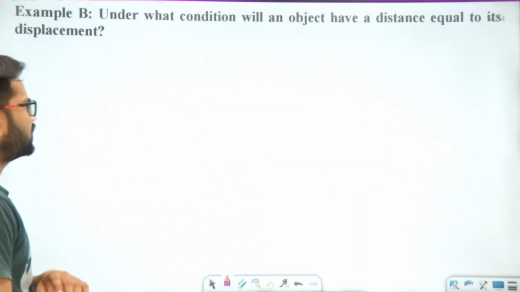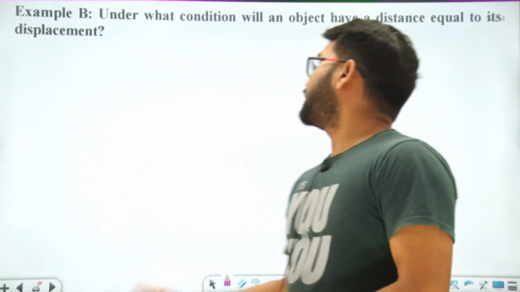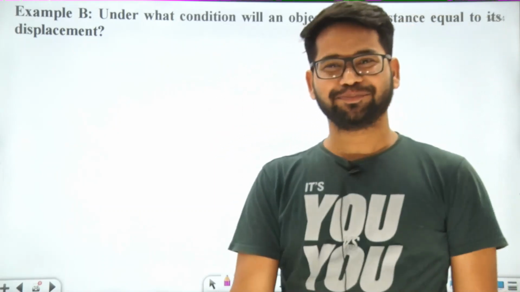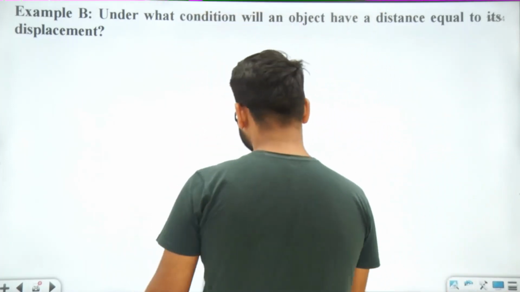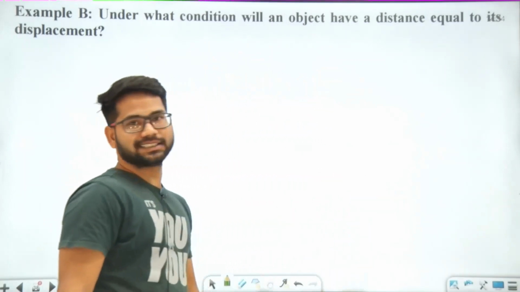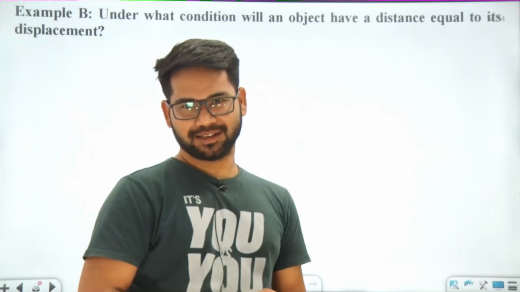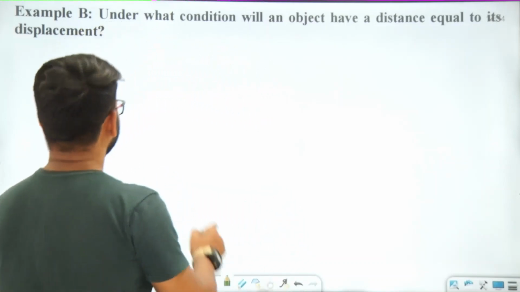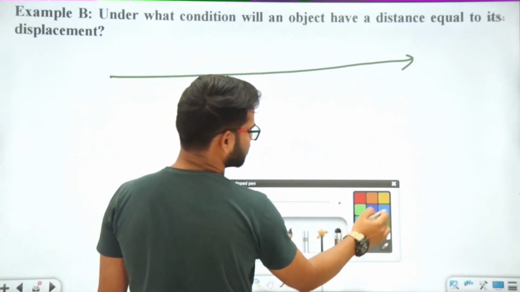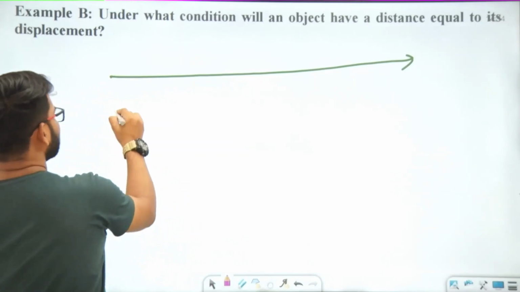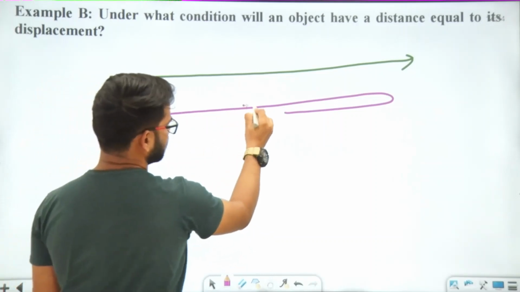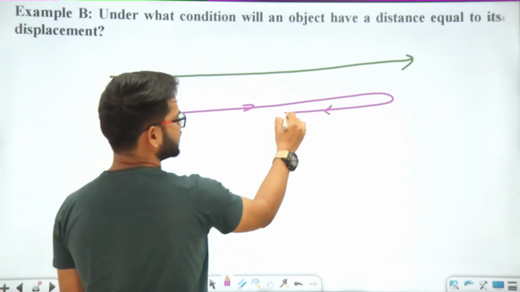Let's take another example. Under what condition will an object have a distance equal to its displacement? Now the brainstorming is, in what condition will distance and displacement be equal? Look, we can take the example of 1D motion. Let's take a particle A moving like this, going from this position to this position.